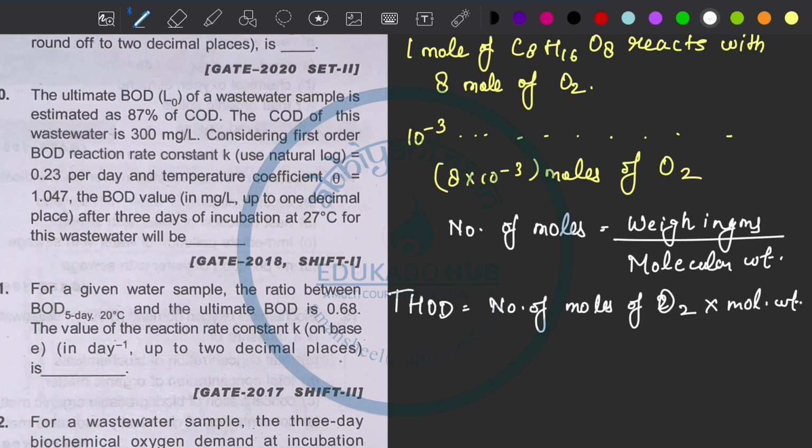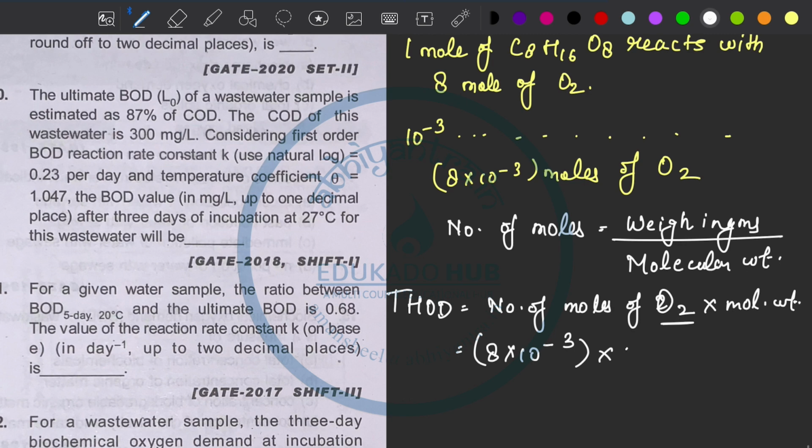Number of moles of O2 is 8 into 10 to the power minus 3. Molecular weight of O2, 2 oxygens are there, 32. So we get the amount which is 0.256 grams per liter.